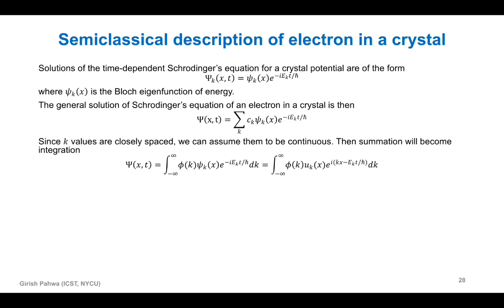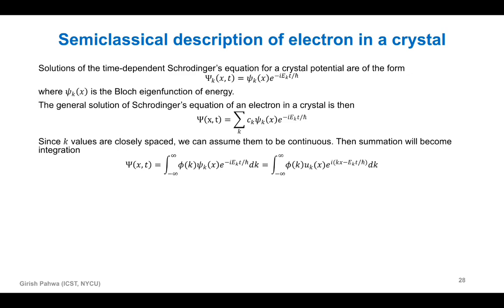In that case, I can linearize my relation between E and k. If k is contained within a very small region, meaning this phi k is non-zero within a very small region, then I can linearize E as a function of k, approximately. And that gave me the concept of group velocity, that there is a wave packet which travels with some velocity.